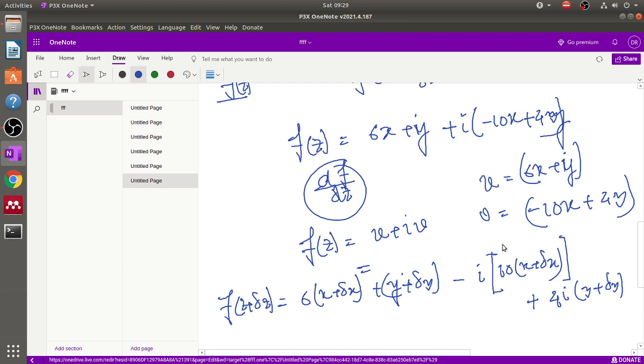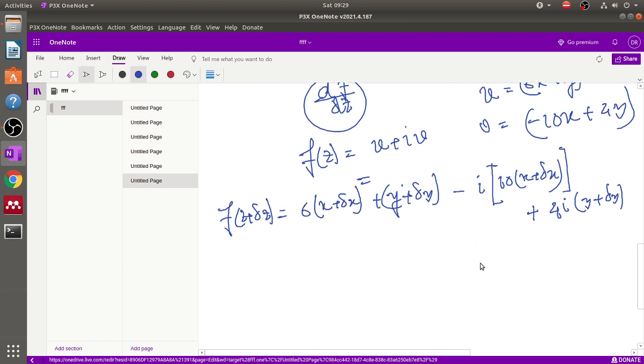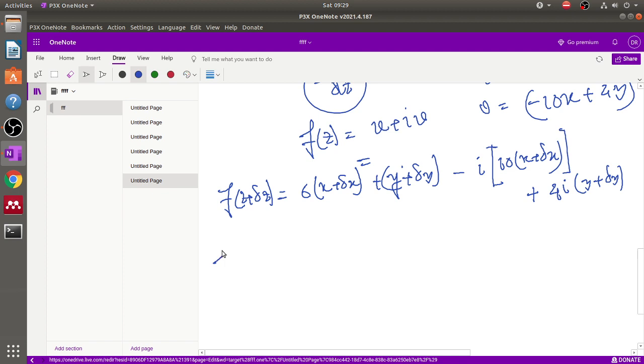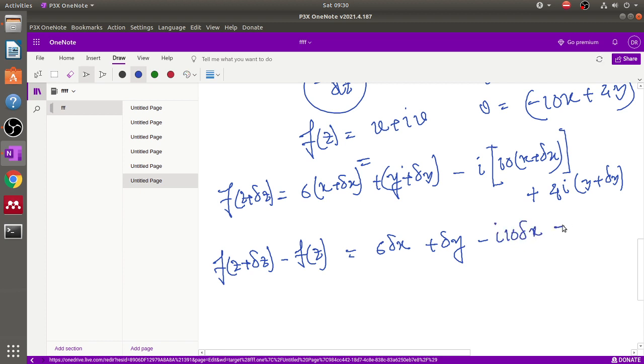Now if we compute the result, that is, subtract f(z) from f(z plus delta z), the answer is 6 delta x plus delta y minus i times 10 delta x plus 4 delta y. So this is our result.